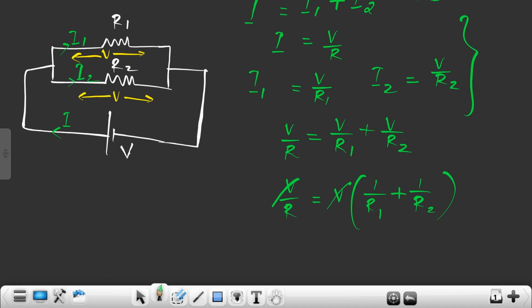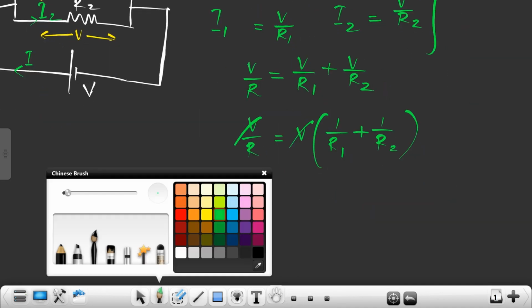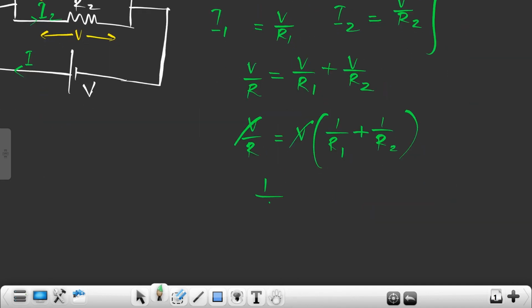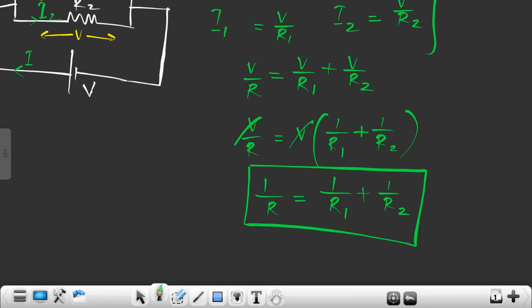We can cancel both the V's. Then the equation will be 1 by R is equal to 1 by R1 plus 1 by R2. This is the effective or total resistance if we connect two resistors in parallel.